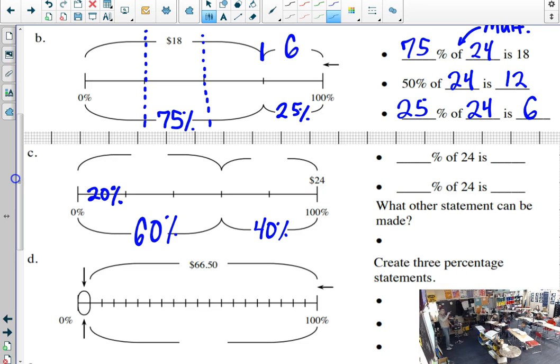So just move that decimal point and we get 2.4. That would be 10%, right? The 10% would be 2.4. How many times do we need to multiply that to get to 60%? 10 times what gets to 60? 6. So take your 2.4, multiply by 6.